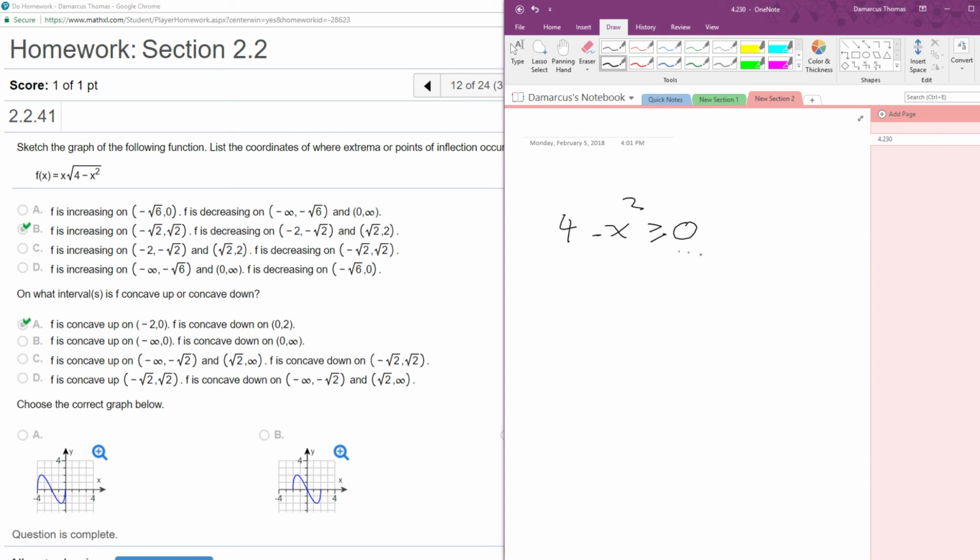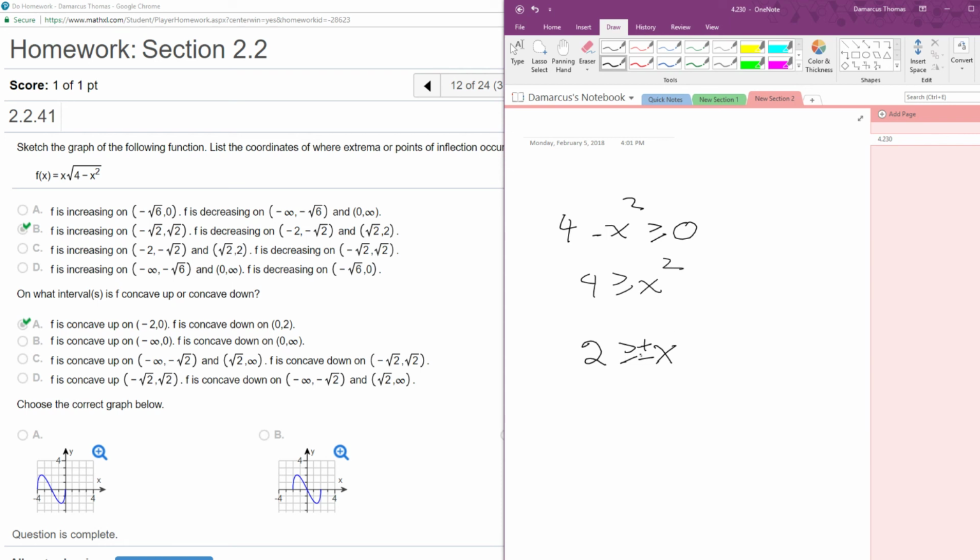Now if I move my x squared over, I get 4 is greater than or equal to x squared, and then take the square root of both sides. When you take the square root of a variable, there are actually two values.